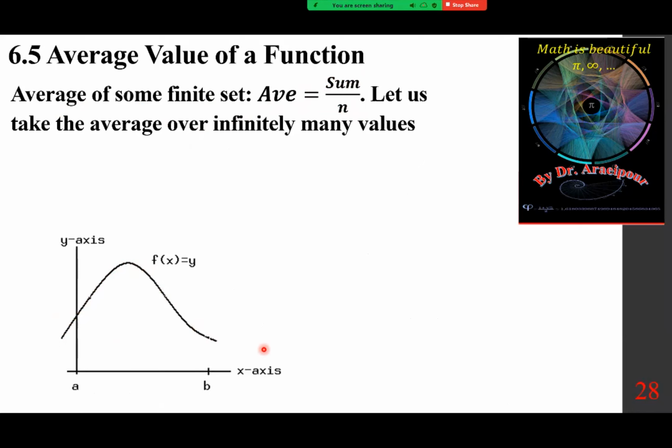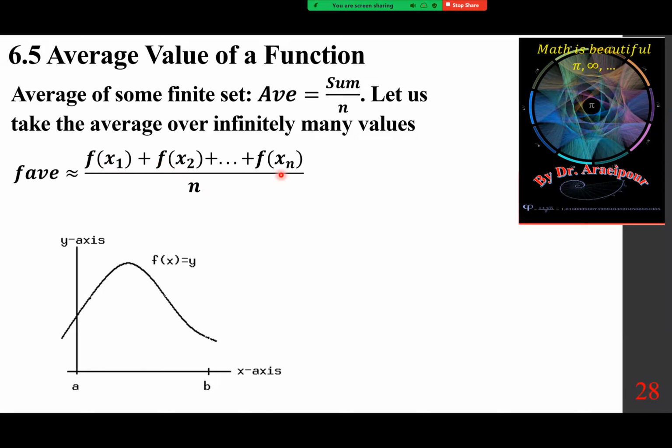So how do you take the average of the functional values? Well, f average would be f of x sub 1 plus f of x sub 2 all the way to f of x sub n, divided by n, roughly. It's an approximation because this has to go on indefinitely.